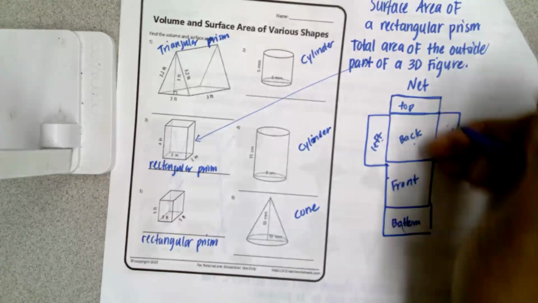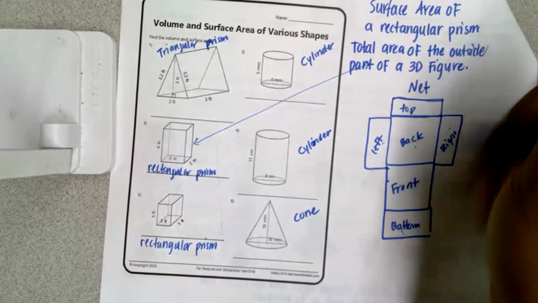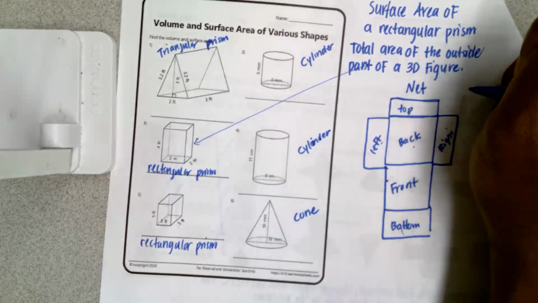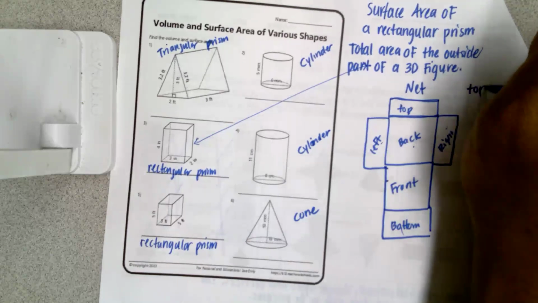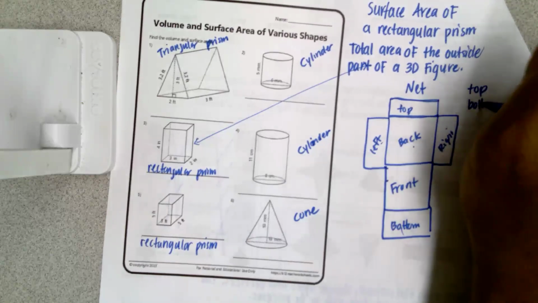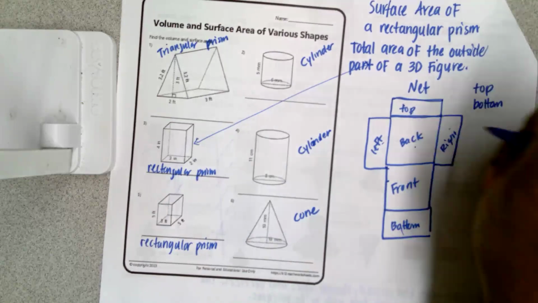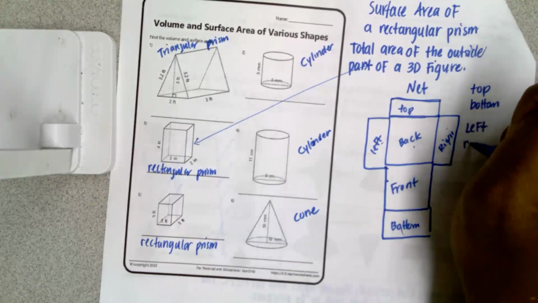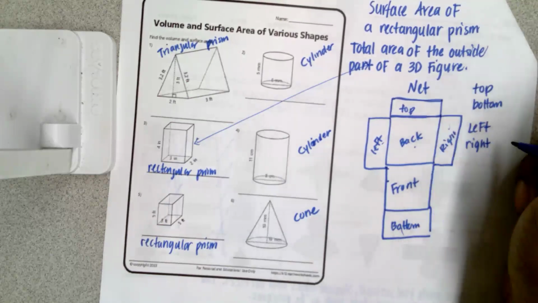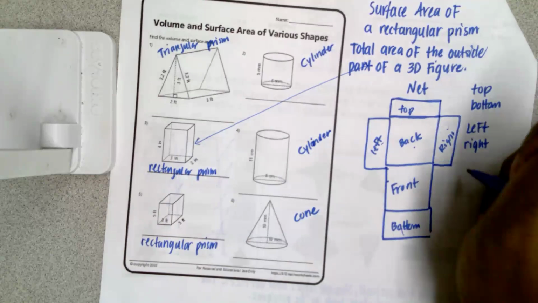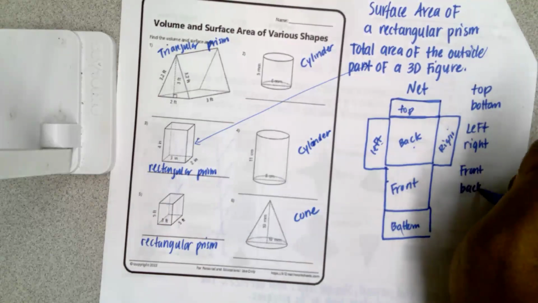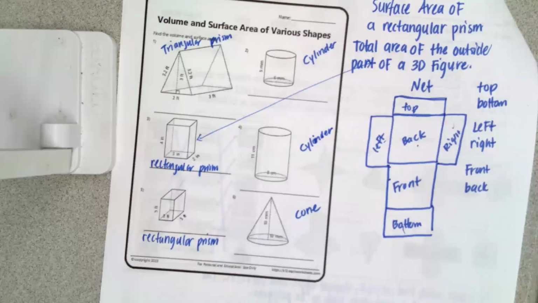So we know that the top and the bottom are the same. We know that the left and the right are the same. And we know the front and the back are the same, right?